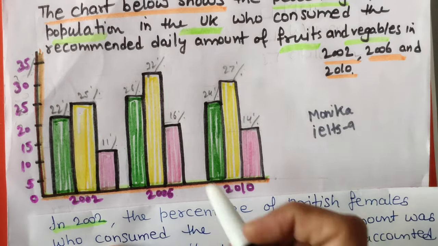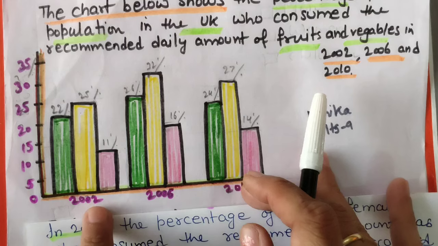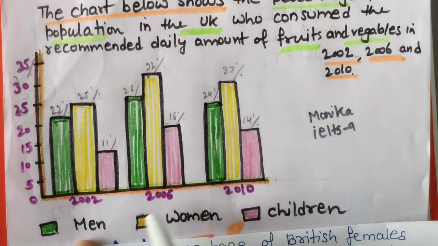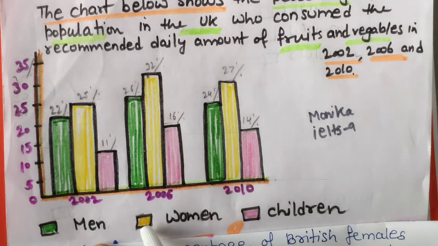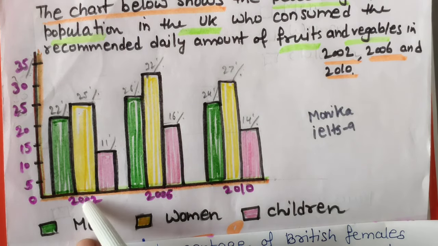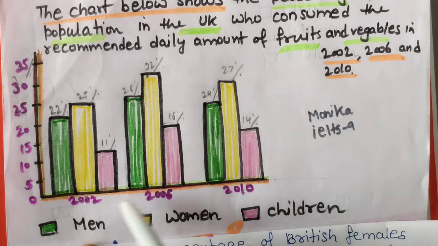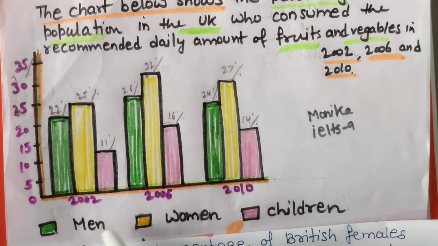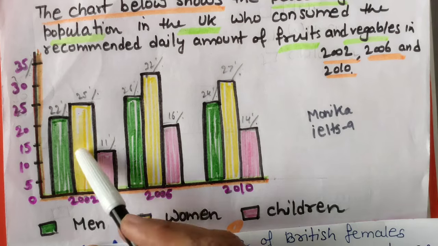Now, how to write body detail paragraphs? There are two methods. Either you go year wise, or you take category wise. I will be writing year wise. When I talk about 2002, I will compare all three categories with each other.